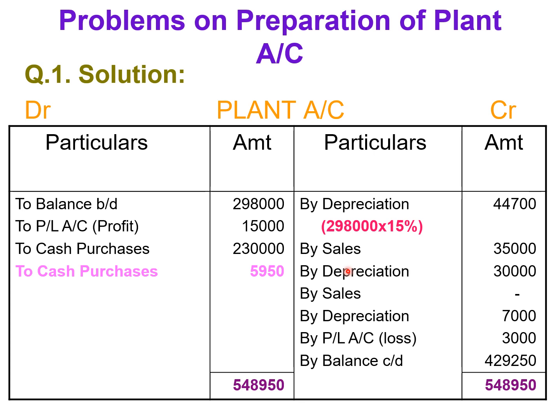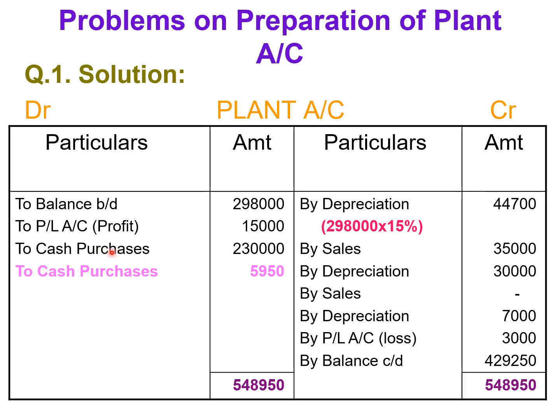Next, point number 5. The plant that has been discarded. Sale value nil, depreciation 7,000, and you get a loss of 3,000. Loss will come on the credit side because in profit and loss account it will come on the debit side. There in P&L account, debit side, debit all expenses and losses, but here it will come on the credit side.